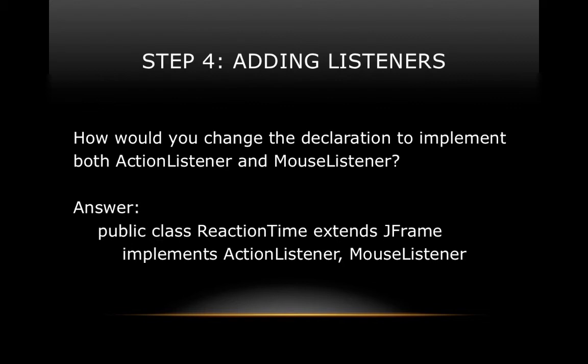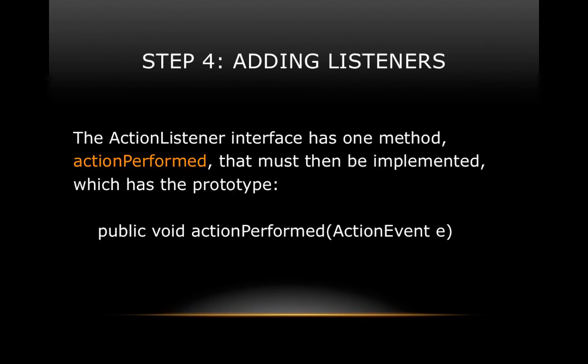Here we simply add MouseListener on the end of the listeners that are implemented. The ActionListener interface has one method, namely actionPerformed, that must be implemented. It has the prototype shown here. actionPerformed takes an ActionEvent and returns void.